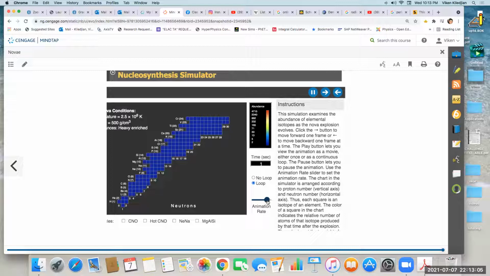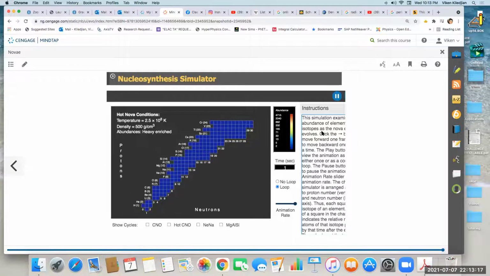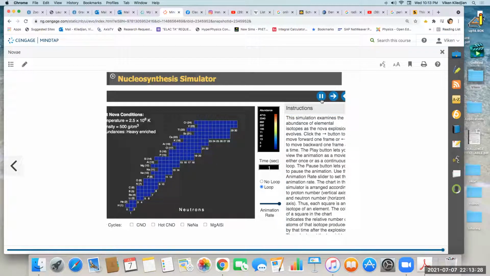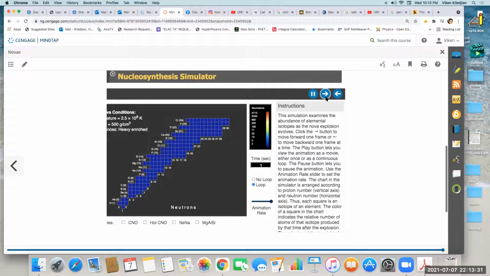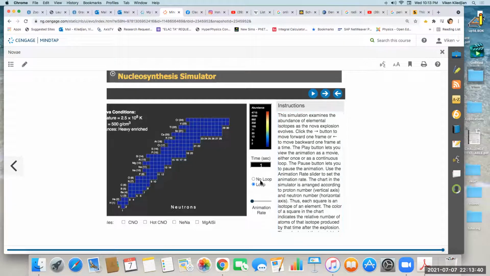Why isn't it working? Click the button to move forward 1 frame at a time. It just stopped working. You know what? Let me just refresh the page.